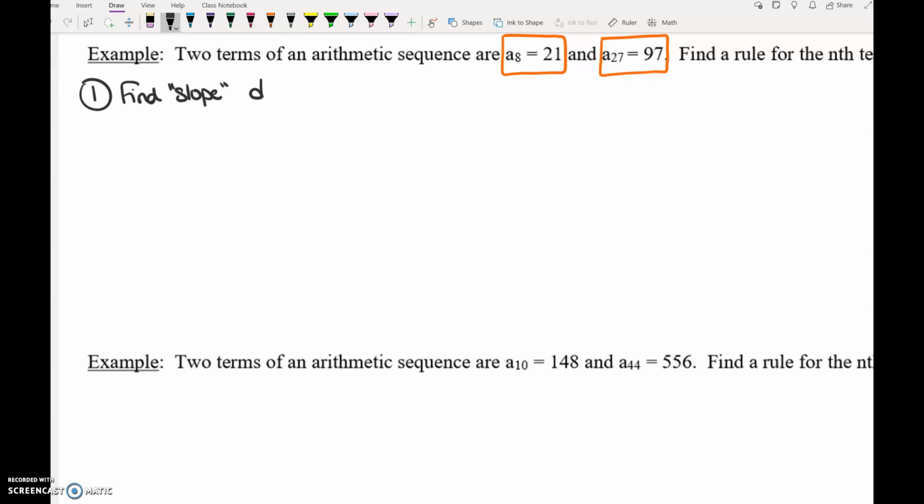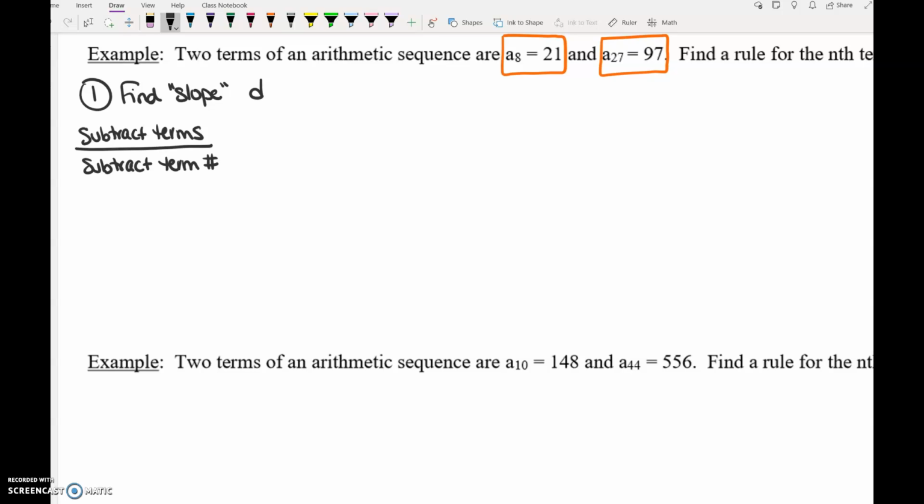We're going to do that by subtracting the terms on the top, and we're going to subtract the term numbers on the bottom.